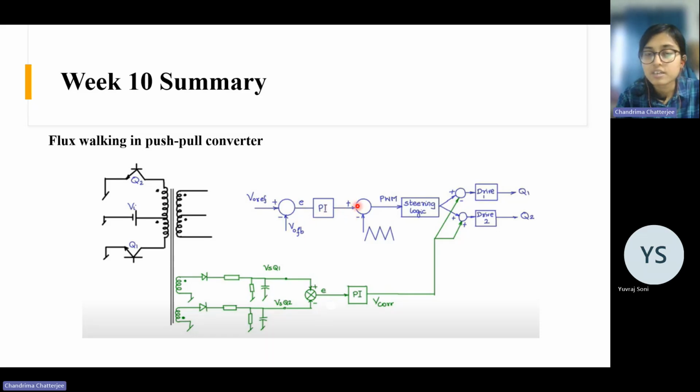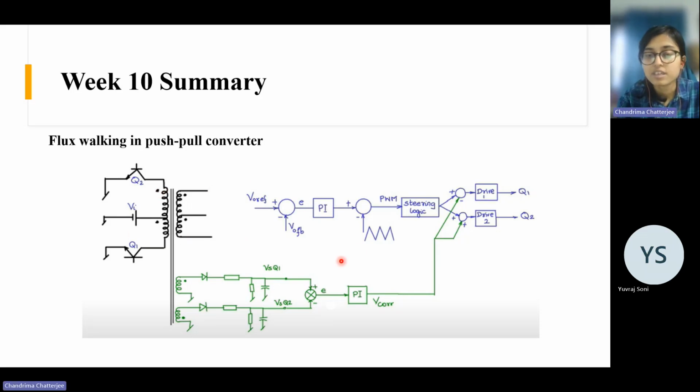But here the control voltage is compared with a triangular voltage or a sawtooth voltage, and after this comparison we get the pulses that are required to drive these switches. Okay, with these pulses we add these correction voltages so that the duty ratio of Q1 and Q2 can be controlled, so that the volt second is maintained and there is no saturation.